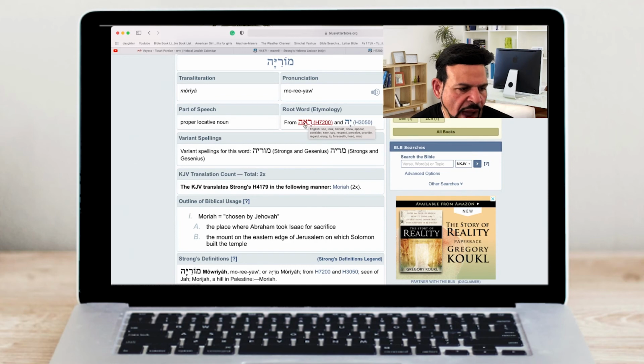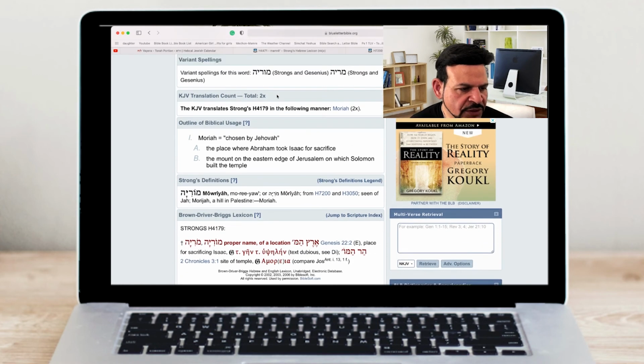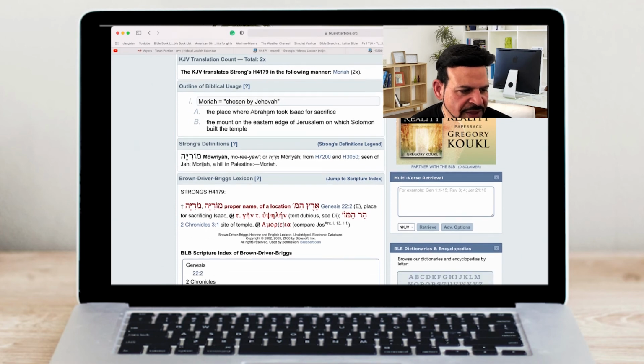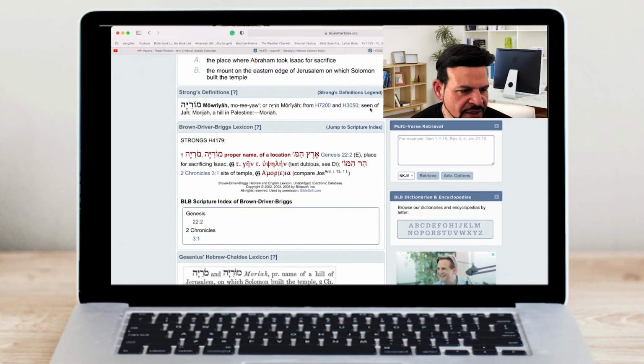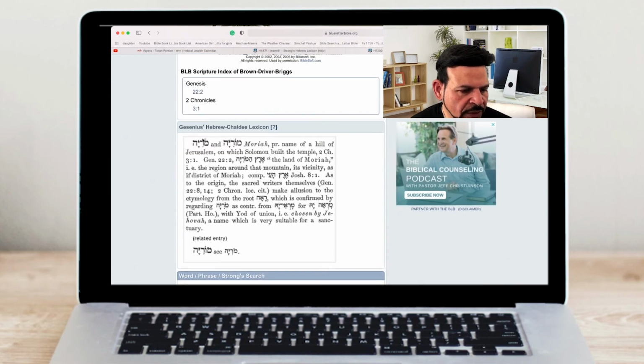And then we have Ra'ah, which is our verb to see, to look, behold. So we see it's the mountain in which it shall be seen. Now it's interesting that they just did that, and then they go, "Oh, chosen by the Lord," but that's not exactly what they just said it meant. So it actually means, see, it says here, seen of Yah. So that's really what it means, the mountain in which it shall be seen.